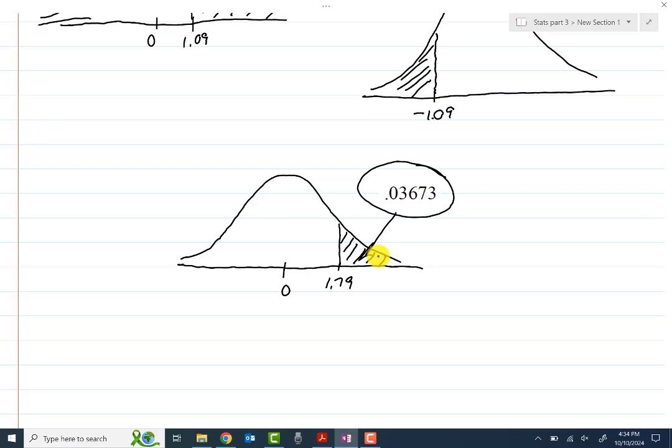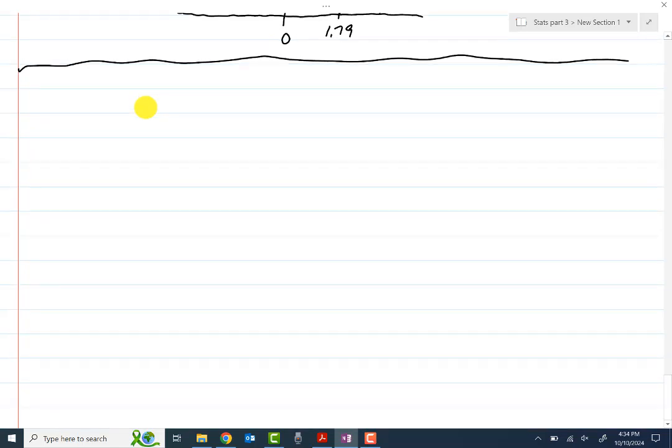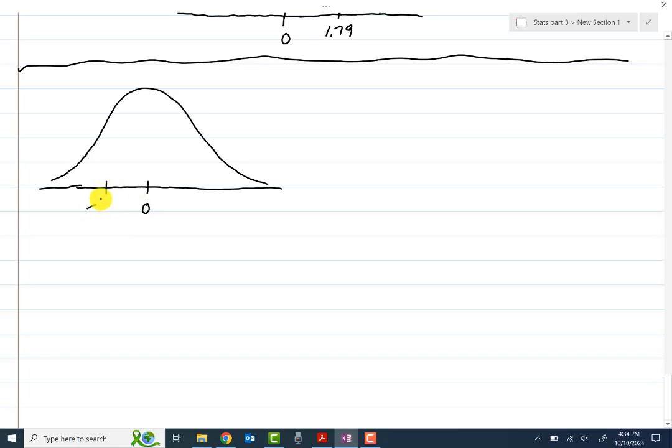Another thing that can happen involves area between two numbers. So let me say on the left I have negative 1.4, but on the right, let's say I have 0.9.